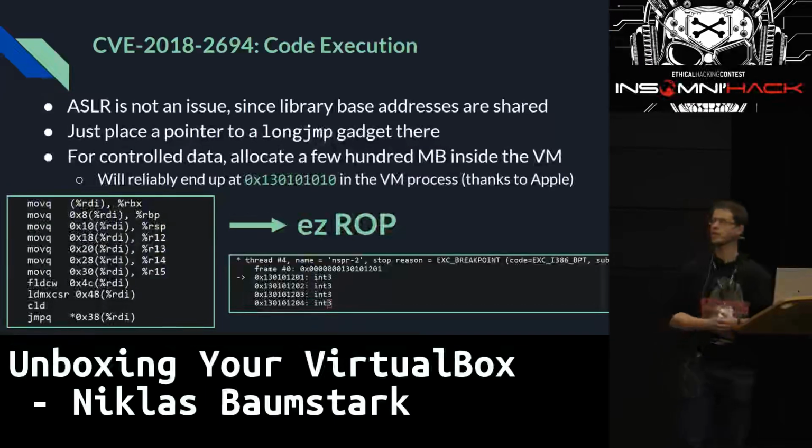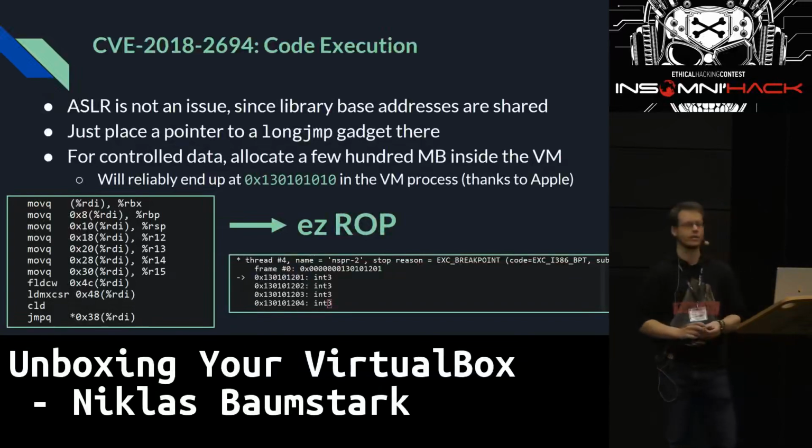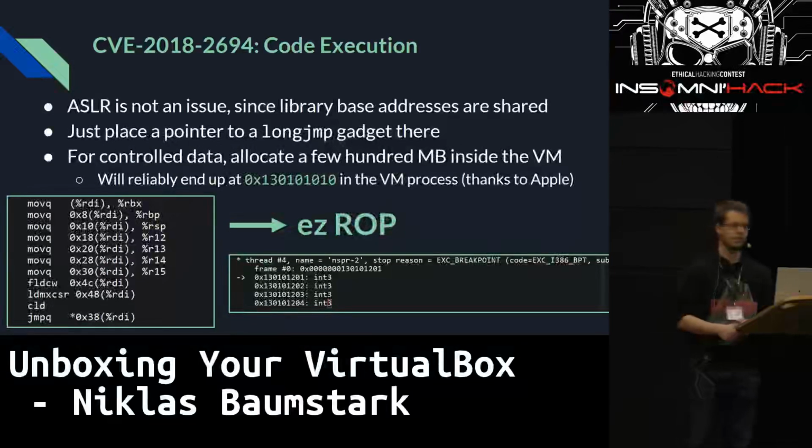One thing to point out is that we don't actually have to defeat the normal ASLR of all the libraries, because in every process on macOS, they're in the same location. So we can just look in our own process where some function is loaded, and then we know where it is in the target process as well. And in order to place a known payload at a known address, I just used an old trick that's also quite well known on macOS.